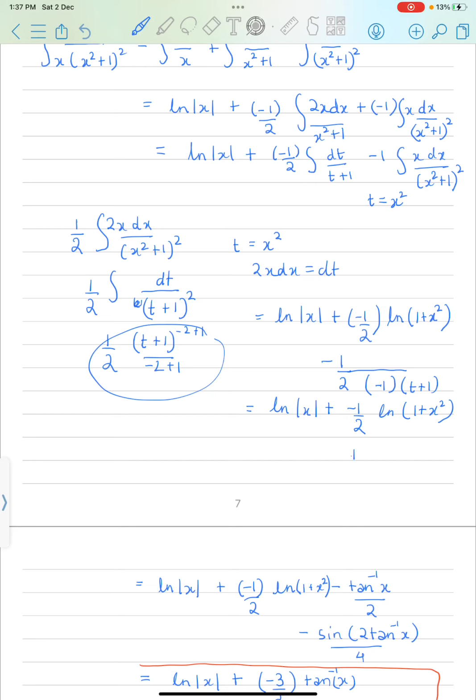Minus 2 plus 1 is -1, and this minus becomes plus, so you get plus half times 1 over t plus 1, and t is x square, so x square plus 1.